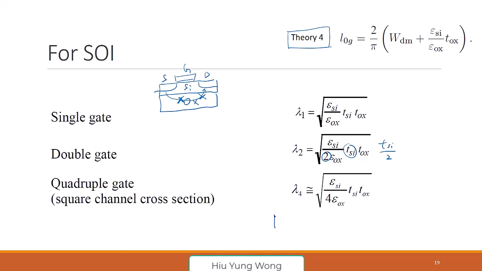What does it mean? Then you need to think in a 3-dimensional way. This is source, this is drain, and then you have the gates, gate 1, gate 2, and then surrounding it. So basically it's reduced by 4. And this is the scaling length that we are talking about.